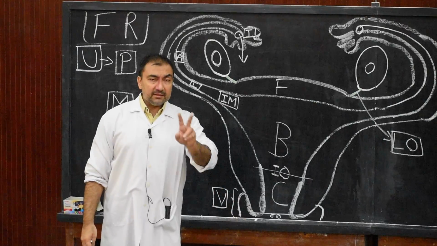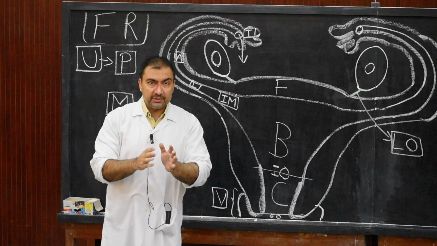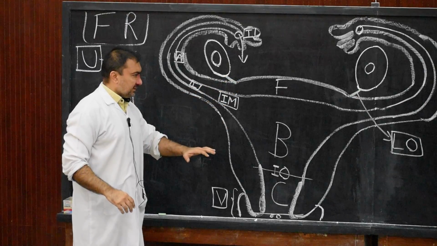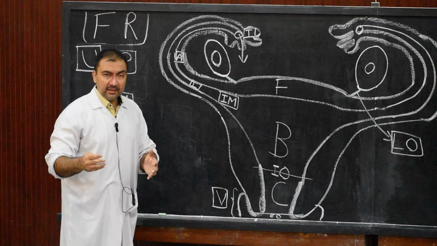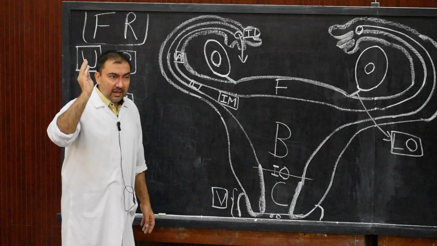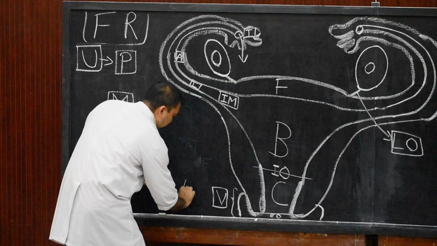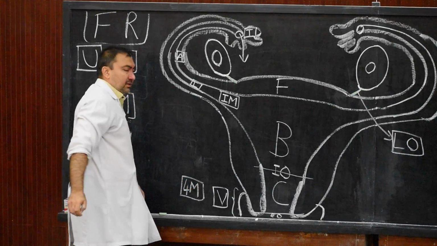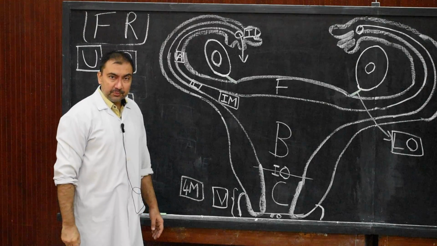So both these factors lead to the increase in size of the pregnant uterus. The normal length is 7 to 7.5 centimeter. During pregnancy, exactly at the 4th month, the upper level of the uterus will be slightly above the symphysis pubis.